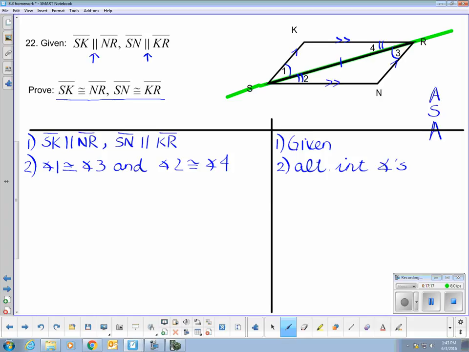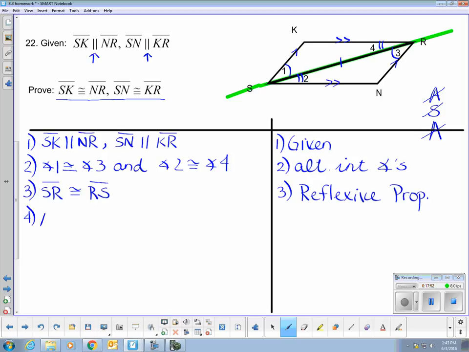So that takes care of both of those. In this diagram, segment SR is actually congruent to segment RS. So there's our pair of sides that are congruent.